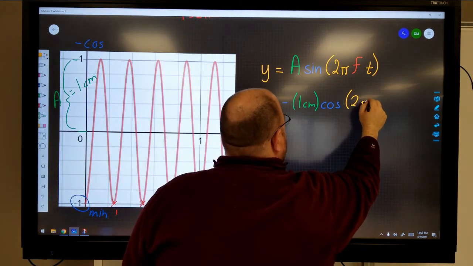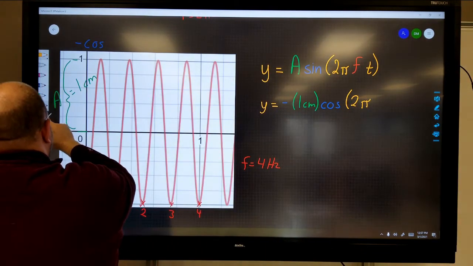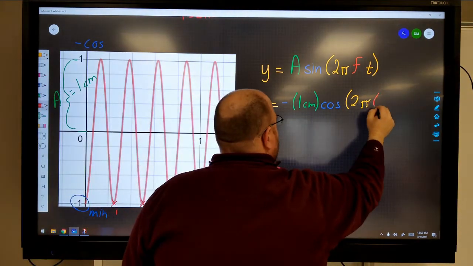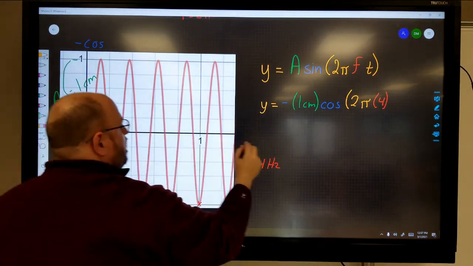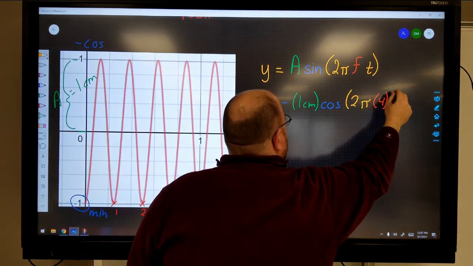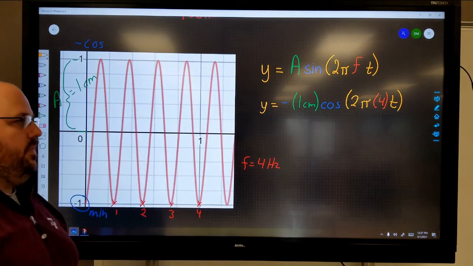Cosine 2 times pi. The frequency is 4. And then our x variable, just call it t, and so it would look something like that.